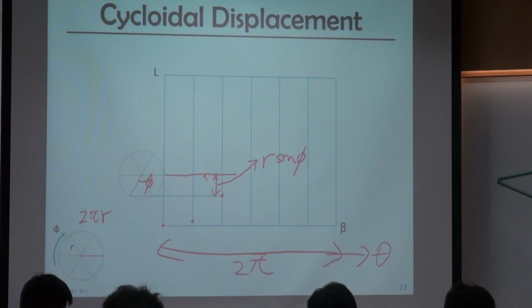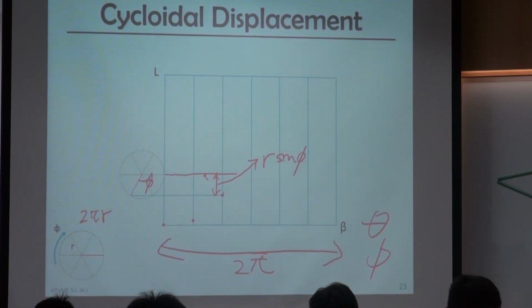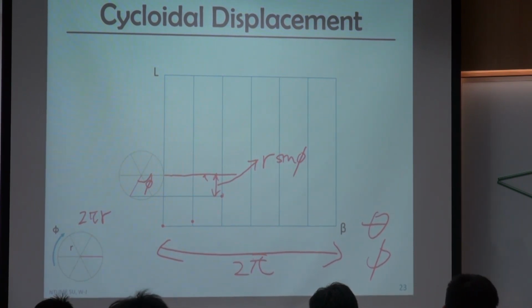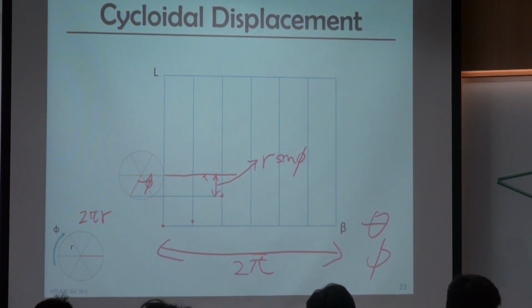Theta and beta are our original coordinate. For this one, we want theta from 0 to beta. And for the small circle, we run from phi equals 0 to 2 pi. So phi over 2 pi is the same as theta over beta. So you can also use this expression to convert phi into theta.